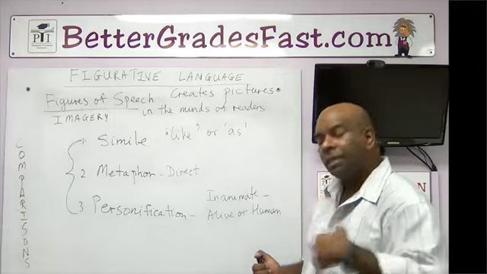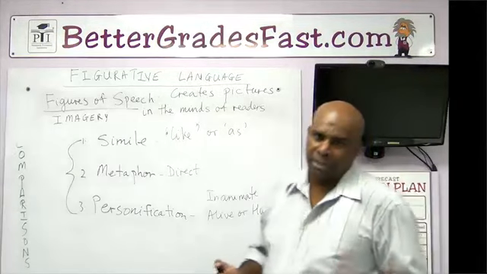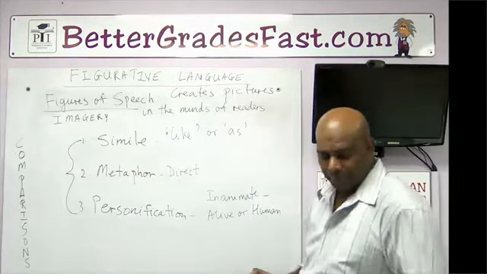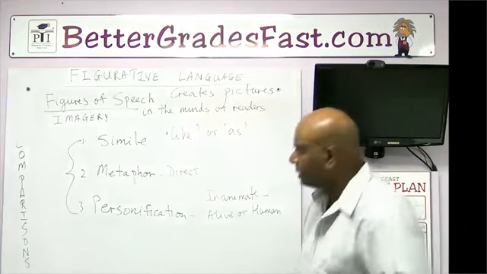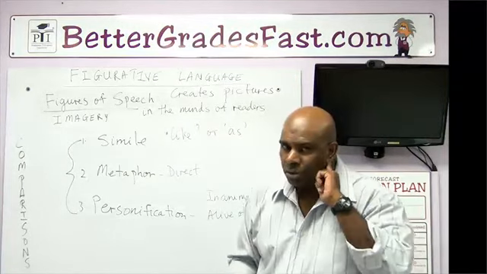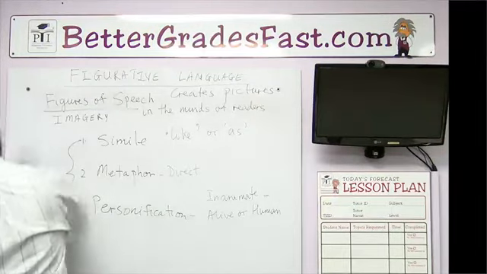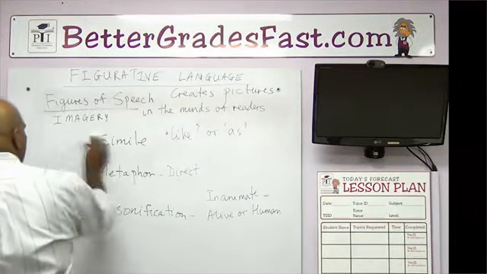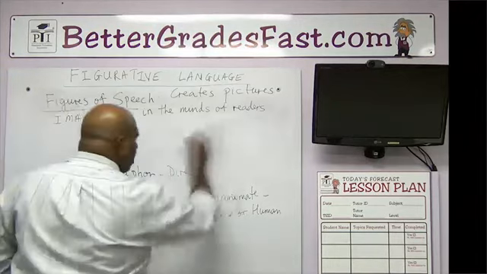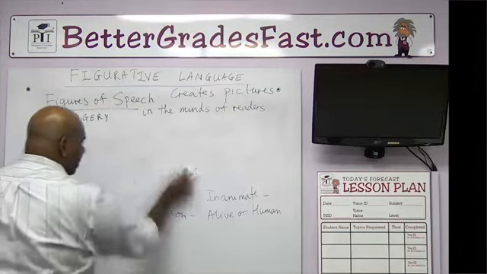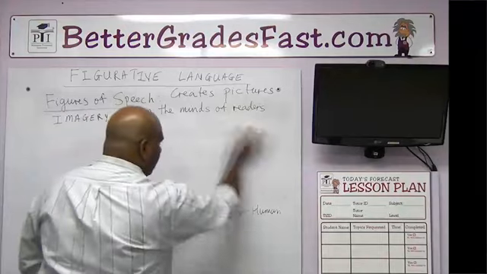Now, there are other types of figures of speech, and I want to cover those today. These exist through sound. Okay? And let me write them on the whiteboard for you. It's also in the workbook, so you'll be able to look at the workbook and see exactly what I'm teaching here for you.